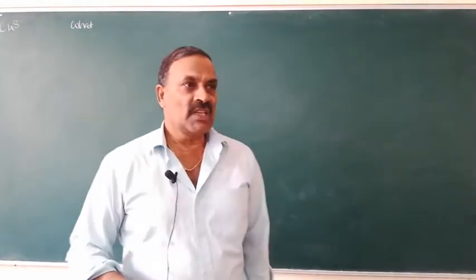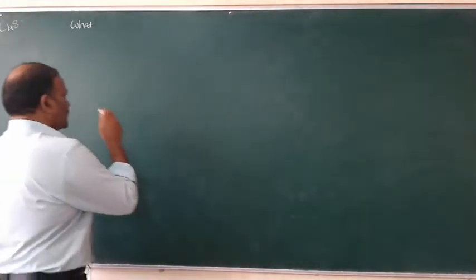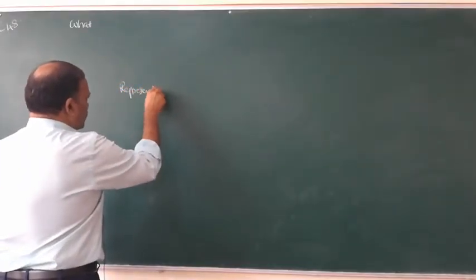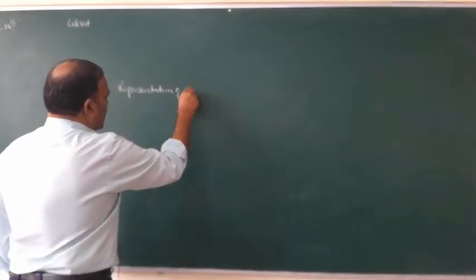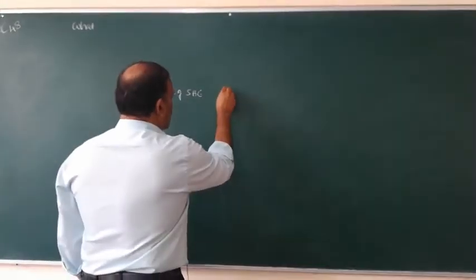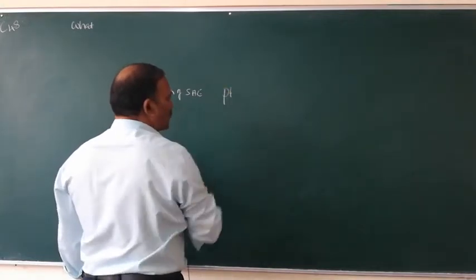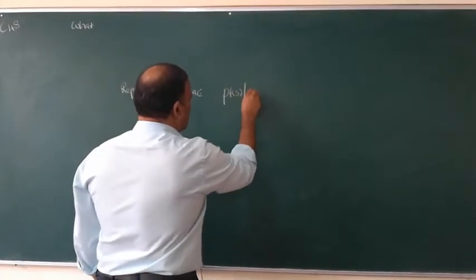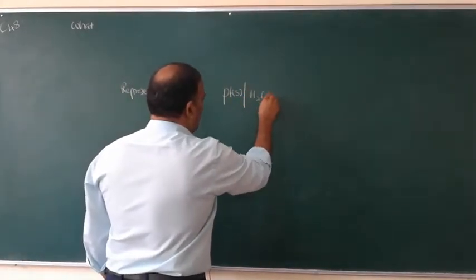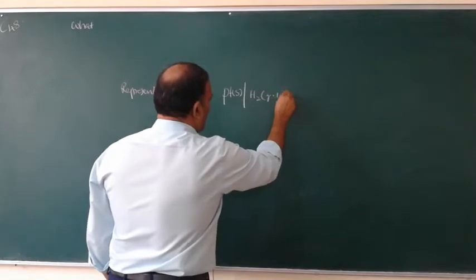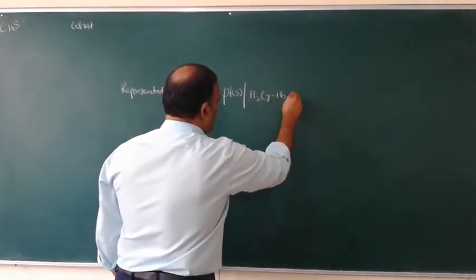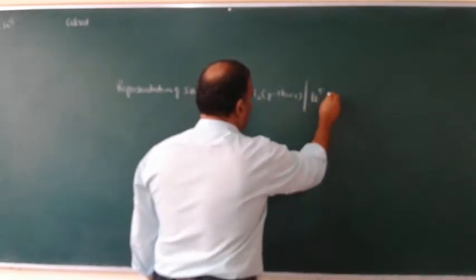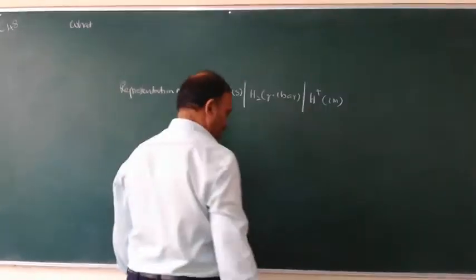So coming to the representation of SHE, this is very important. First you have to write platinum for platinum metal. It is solid, in presence of hydrogen gas at 1 bar pressure, dipped in hydrogen ion concentration of 1 molar.